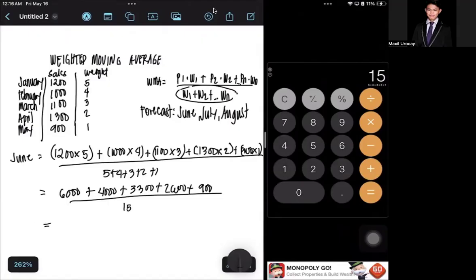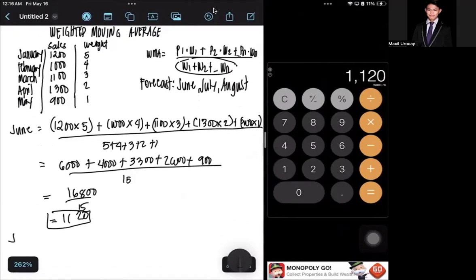The numerator, 6,000 plus 4,000 plus 3,300 plus 2,600 plus 900, is 16,800, divided by 15. The answer will be 1,120. Sorry, so this will be the answer. We forecast the data for June.